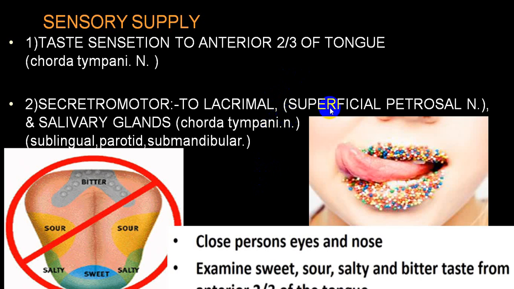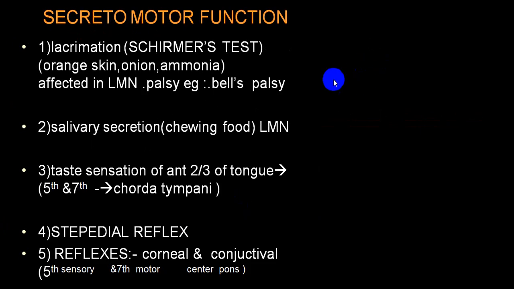As far as the superficial petrosal nerve is concerned, you can look for the lacrimal secretions and the salivary glands, particularly the submandibular and sublingual salivary glands. Usually that is not commonly done.